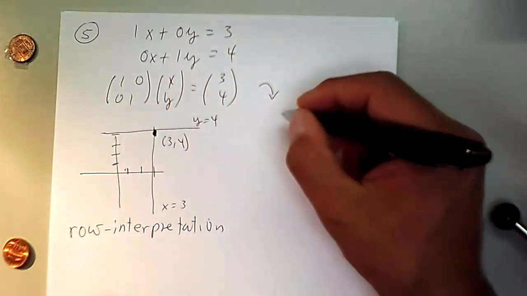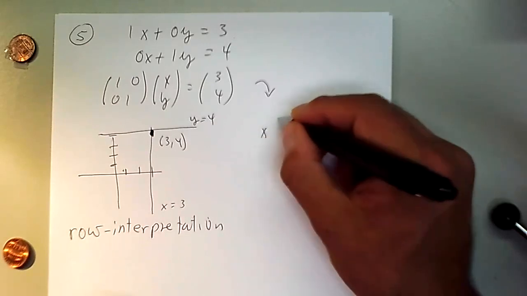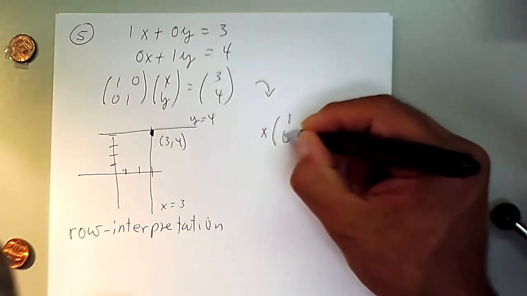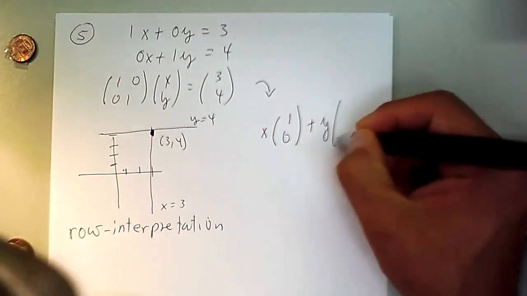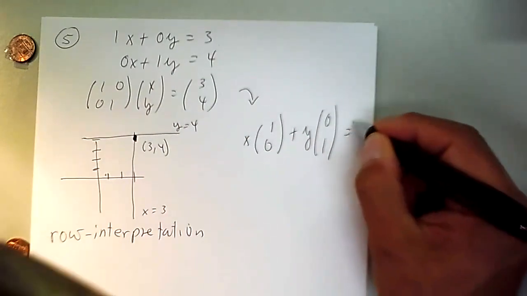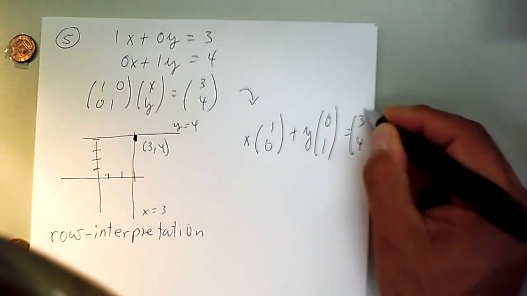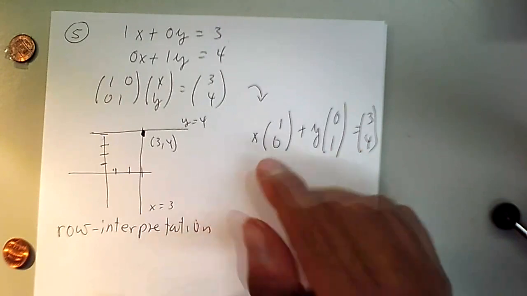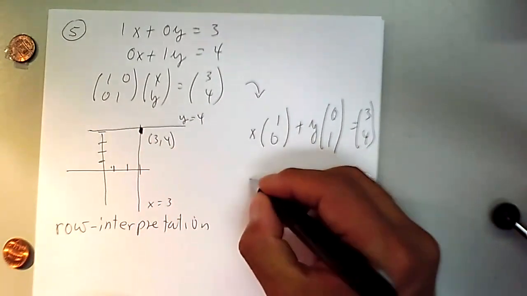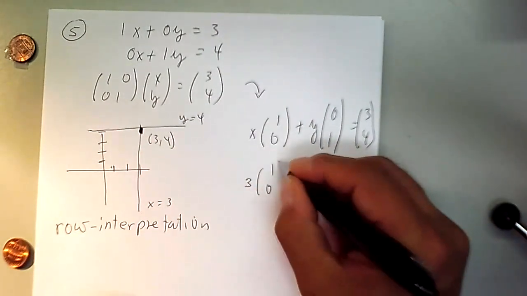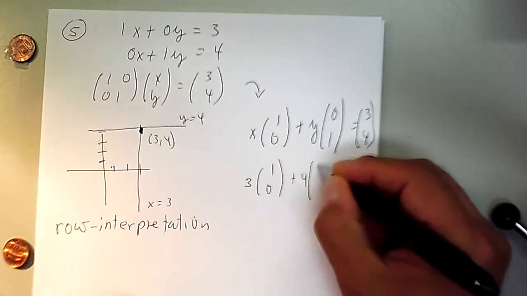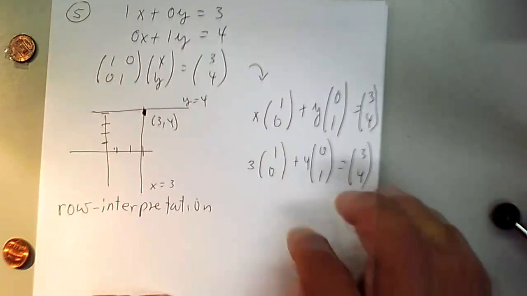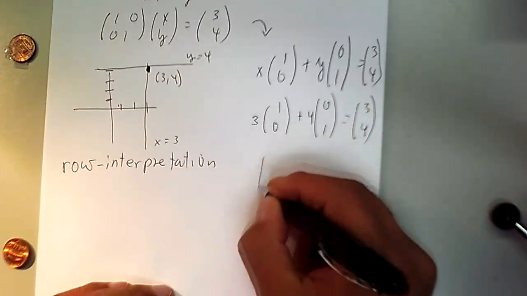So another interpretation is to rewrite this as a linear combination. x times 1, 0 plus y times 0, 1 equals 3, 4. So what causes this to do that? Well, x has to be 3, as we have established. 3 times 1, 0 plus 4 times 0, 1 equals 3, 4. And the interpretation is different.